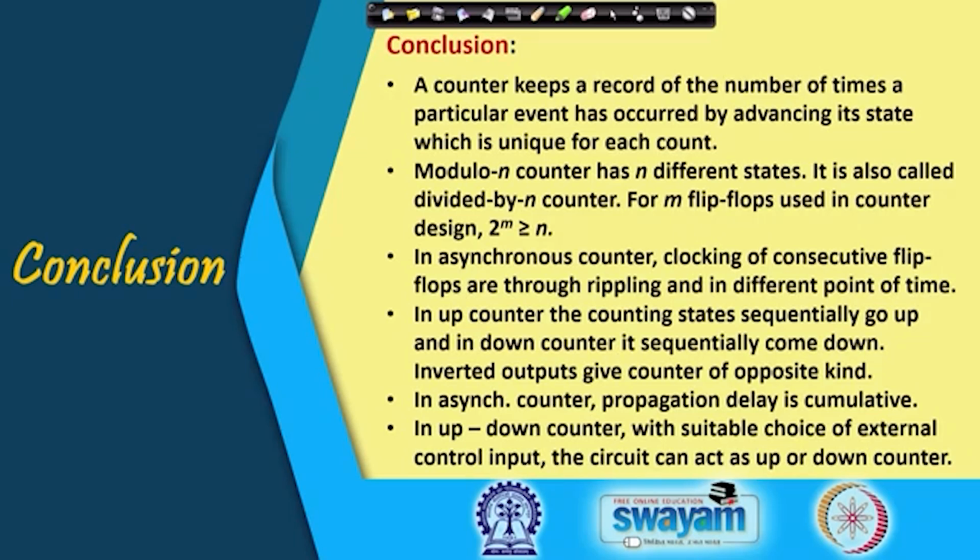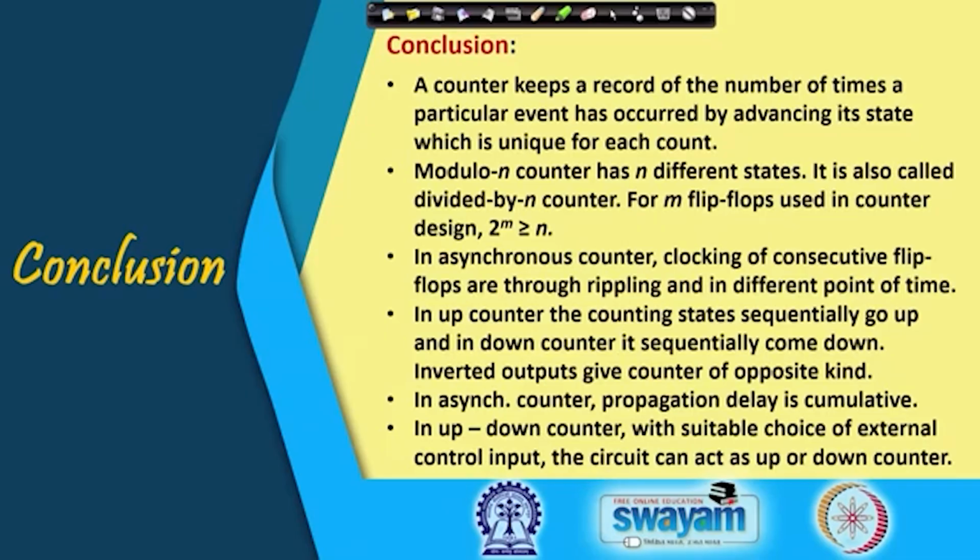In an asynchronous counter, the clocking of consecutive flip flops is not from the same clock or external trigger, it is done through a rippling effect from one flip flop to another. In an up counter, the counting states go up sequentially, and in a down counter they come down sequentially. And if you have the option of taking the output from the inverted outputs, then a counter of the opposite kind can be available.